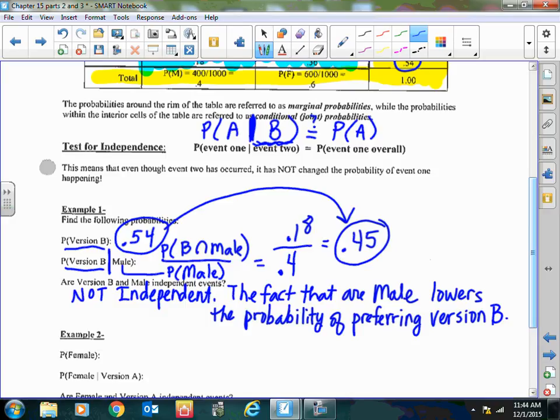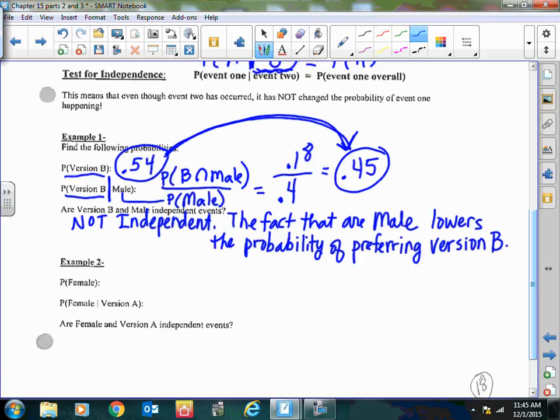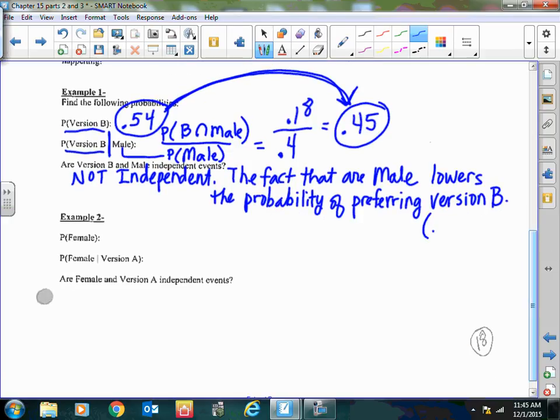So that's a total of 0.45, which has reduced. Overall it was 0.54, but if you are a male, it's 0.45. So they are not independent, because the fact that you are male lowers the probability of preferring version B. And do put the actual numbers as statistical support. So I would write here 0.54 versus 0.45.